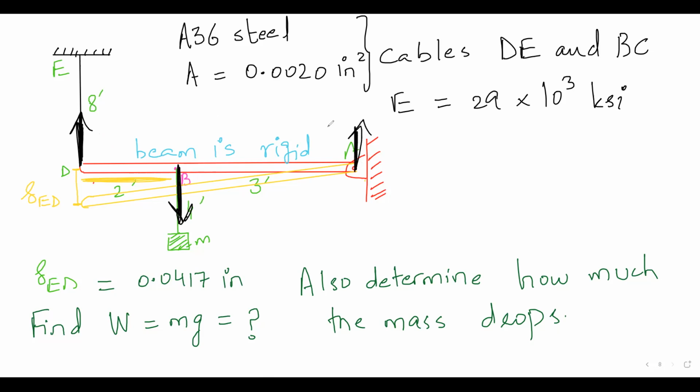You will take the summation of moments about this point. You already know the change in length of this wire is PL over EA, so you will get hold of the load in this. Then do a summation of forces in the y direction and a summation of moments to get hold of the load here. So I think now you will do it. This is your take home problem.